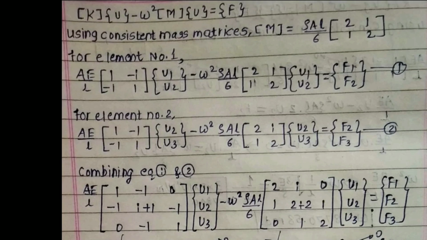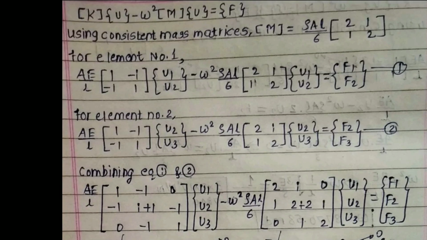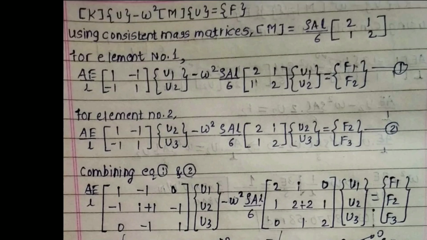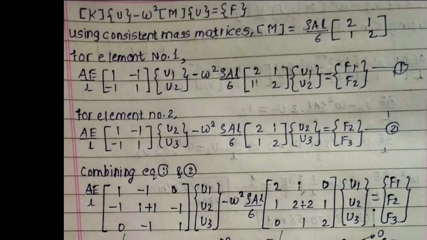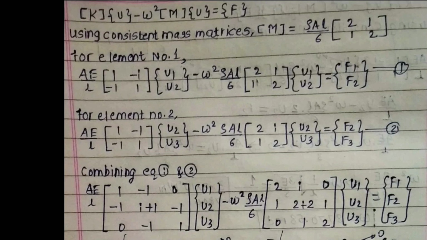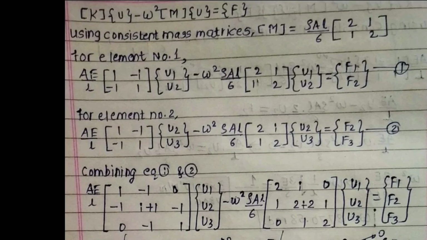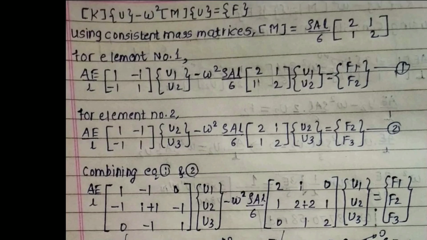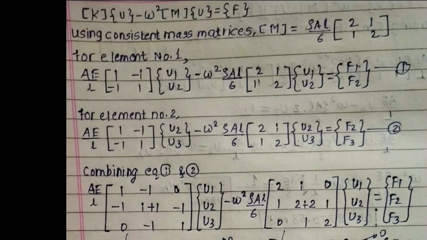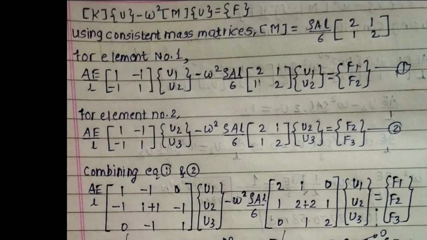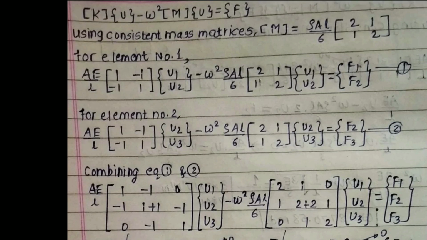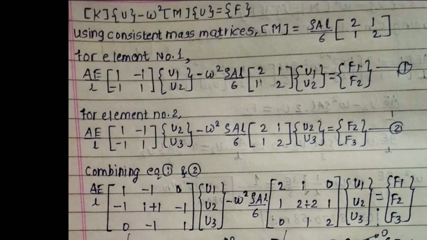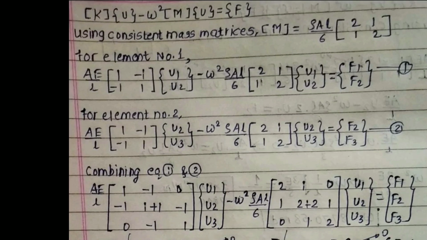So I will get AE by L into the matrix 1 minus 1 0, minus 1 1 plus 1 minus 1, 0 minus 1 1, into U1 U2 U3, minus omega square rho AL by 6 into the matrix 2 1 0, 1 2 plus 2 1, 0 1 2, into U1 U2 U3, is equal to F1 F2 F3.